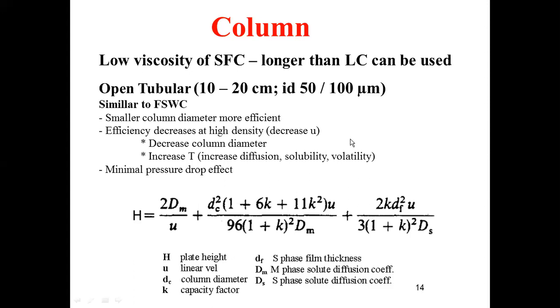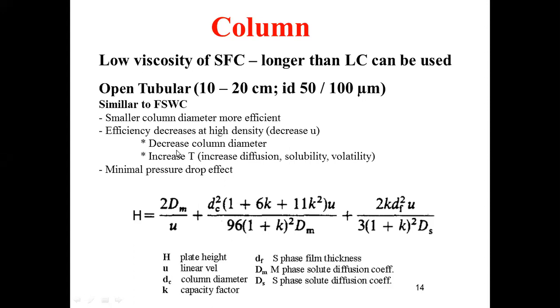If the density of the supercritical fluid is increased, the efficiency decreases, because we have to increase the pressure to move the supercritical fluid through the chromatographic column. So a supercritical fluid with higher density will definitely decrease the efficiency of the separation.